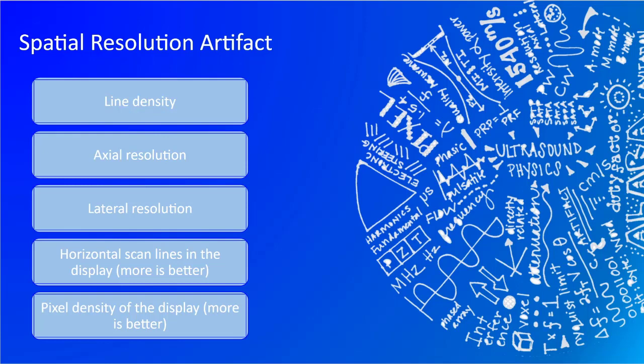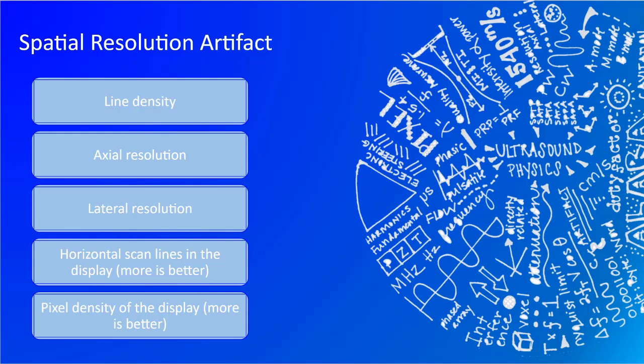If we have low line density, we are going to lose detail, and because we're losing detail, we are actually introducing artifact. We are not displaying the anatomy as it's intended. Axial and lateral resolution can affect our spatial resolution. If there should be two structures and there's only one, we're not showing the anatomy that is truly there. So we're not seeing the true anatomy. That's an artifact.